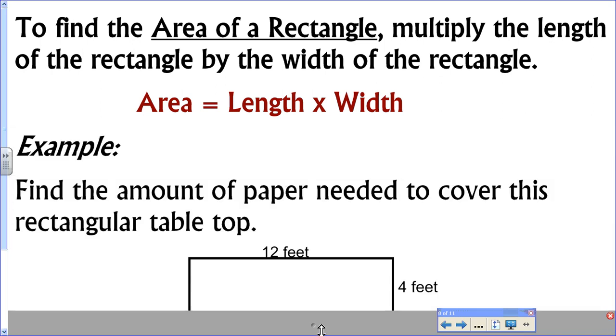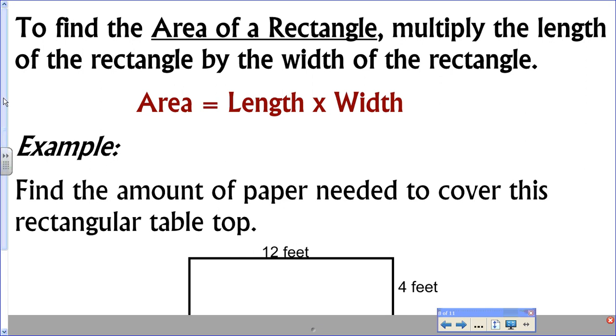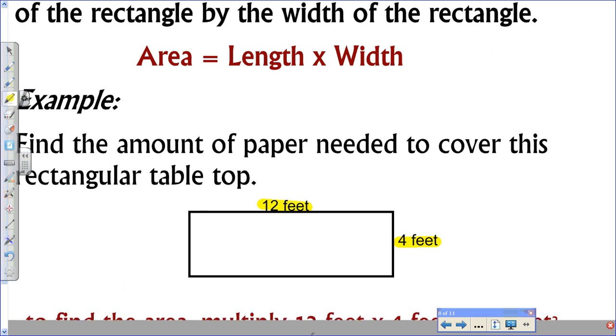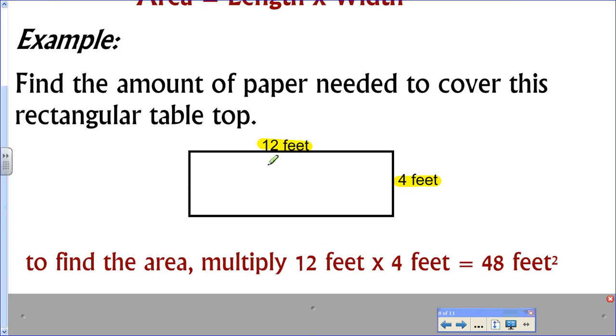So for example, if you wanted to find the amount of paper that would be needed to cover this rectangular tabletop that has a length of 12 feet and a width of 4 feet, you would multiply 12 feet, the length, by 4 feet, the width, to get a total area of 48 square feet. What that tells us is 48 square units would be required to cover the top of this table.